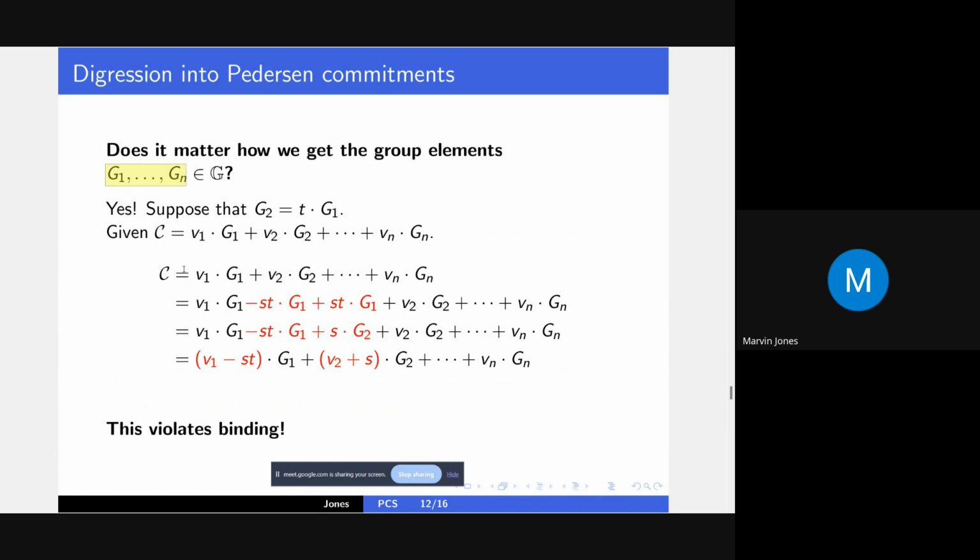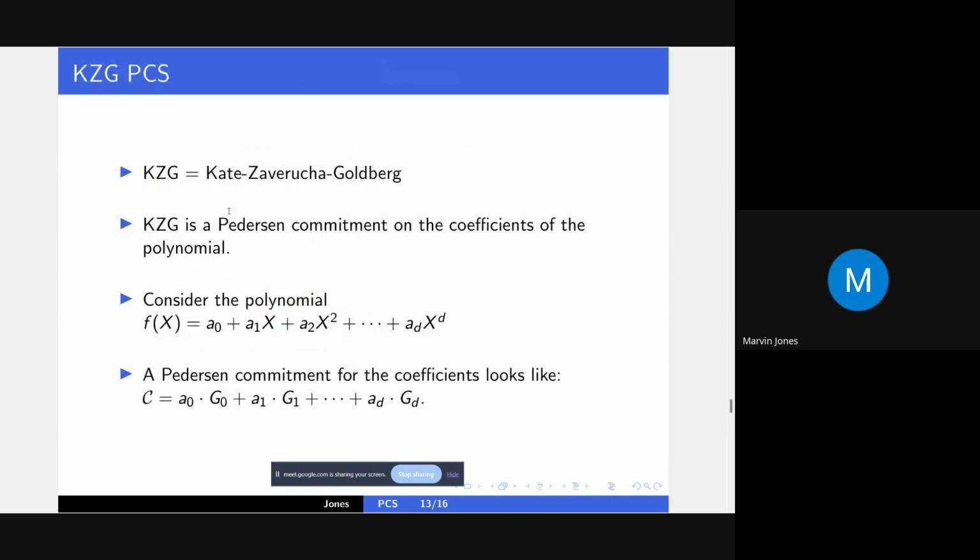Other ways might involve, I think, a beacon, a ceremony that will also produce these. And with KZG, we will see that we'll mention that you can do this with powers of tau ceremonies. So lots of ways you can get them. But KZG, by the way, it's just the abbreviation of the authors' names.